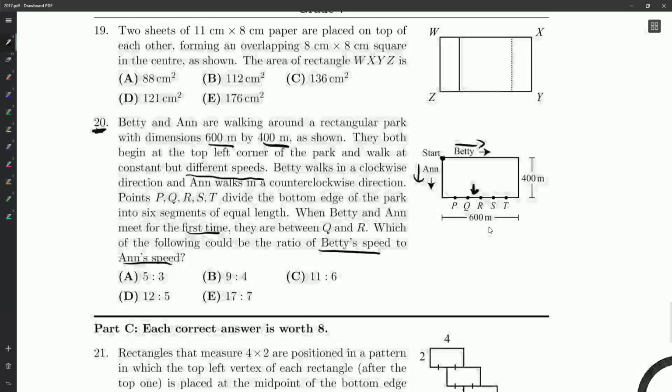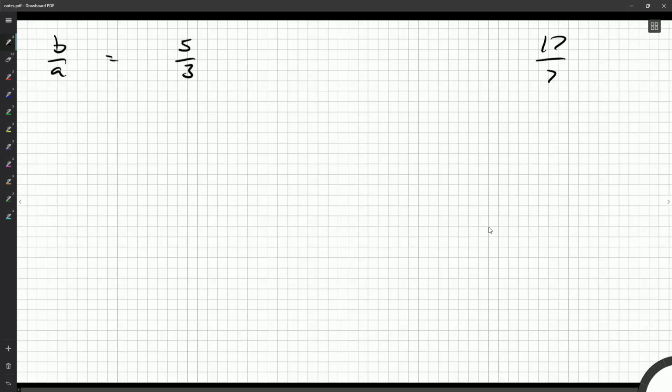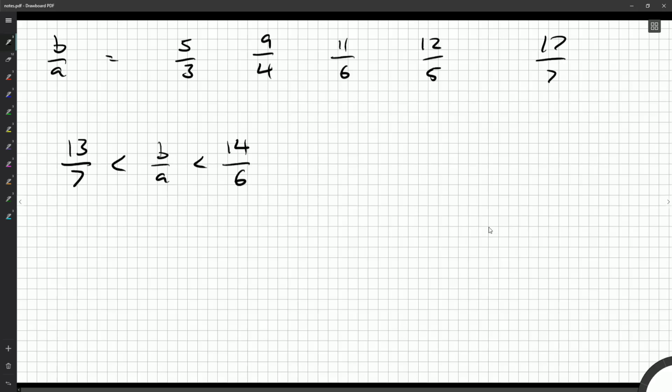I do not remember the ones in between: 9 over 4, 11 over 6, 12 over 5. But only one of these should satisfy our inequality here.